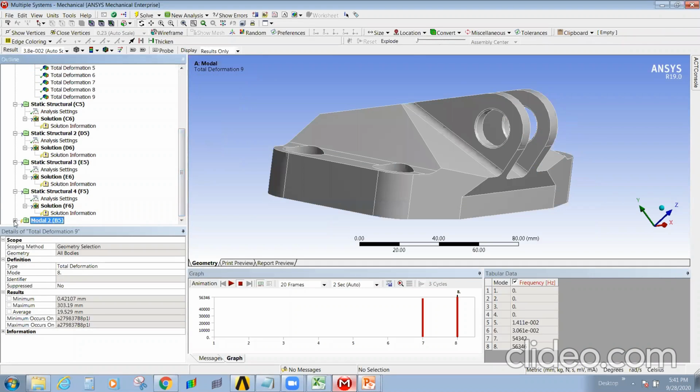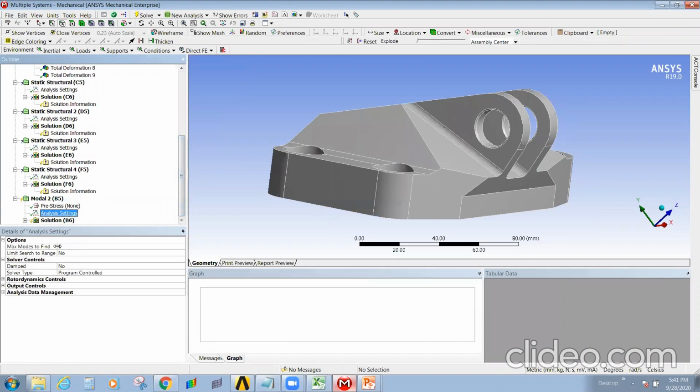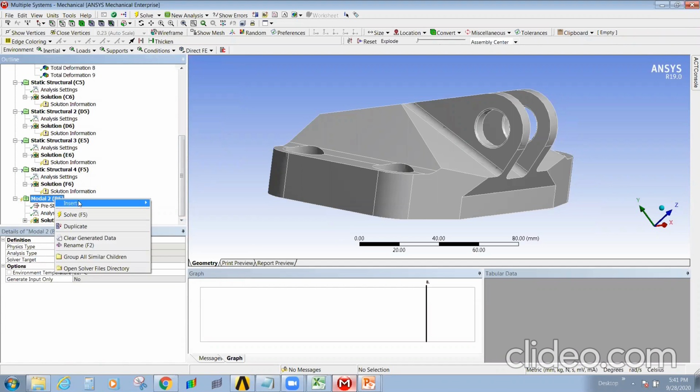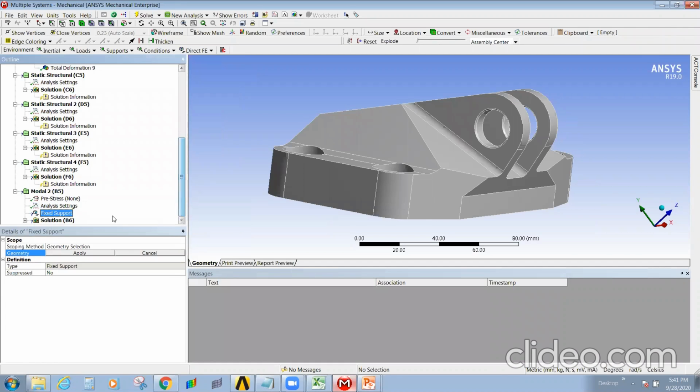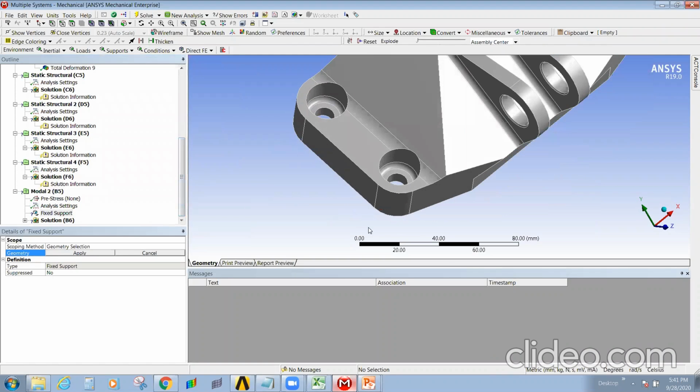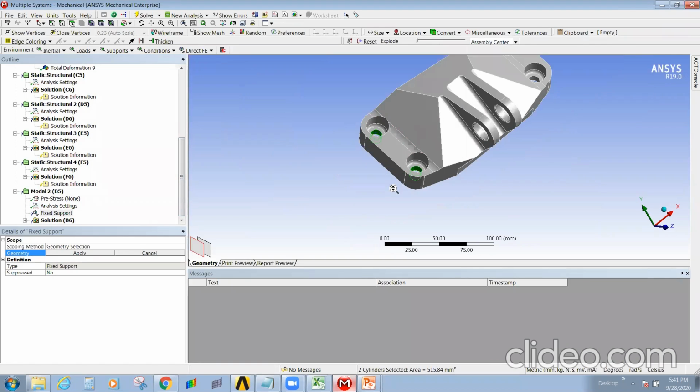The same thing, everything is the same. Again, I am taking only 8 or 9 modes, and then I am applying a boundary condition, that is fixed support. The fixed support of this component is at your bolt regions.